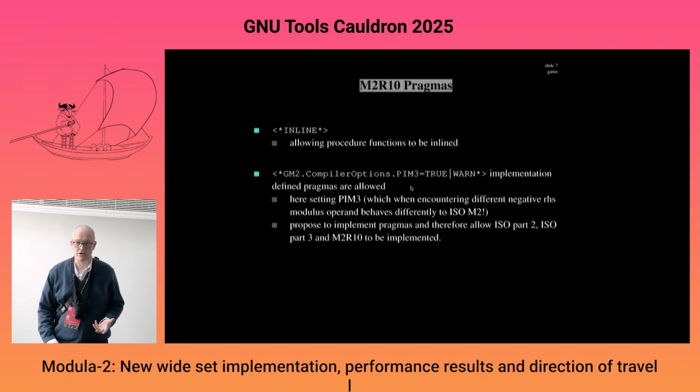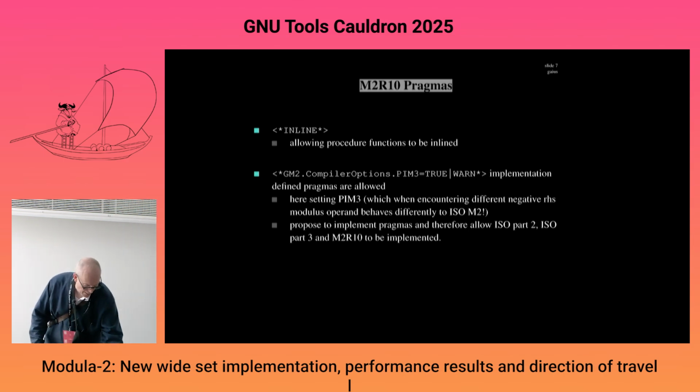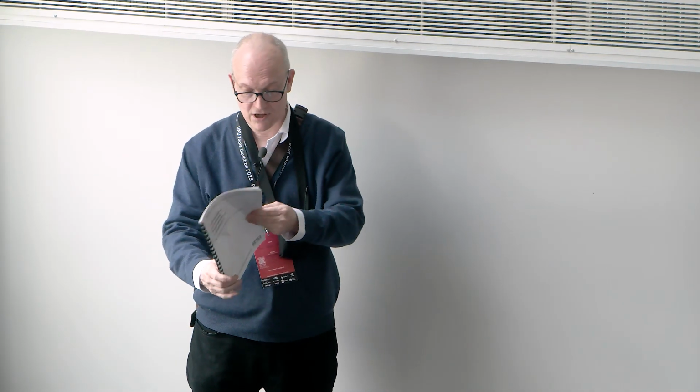It also means that when extending Modula 2 to incorporate ISO Part 2 and Part 3, I've implemented the base language, but not Part 2 and Part 3. Part 2 is about 14 EBNF rules, and Part 3 is about 39 EBNF rules.